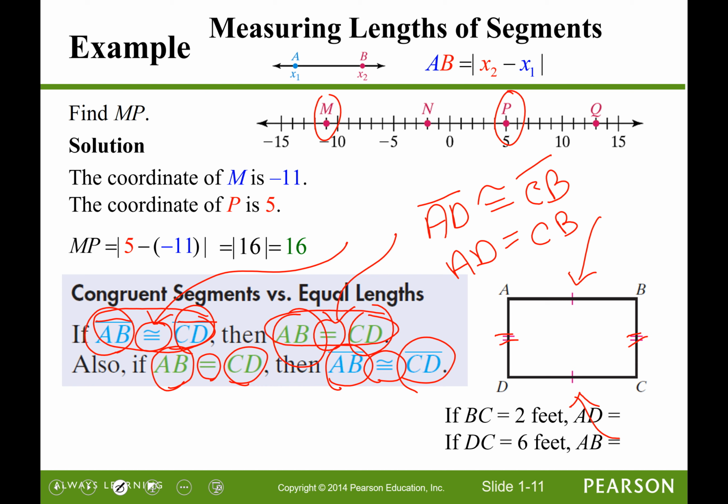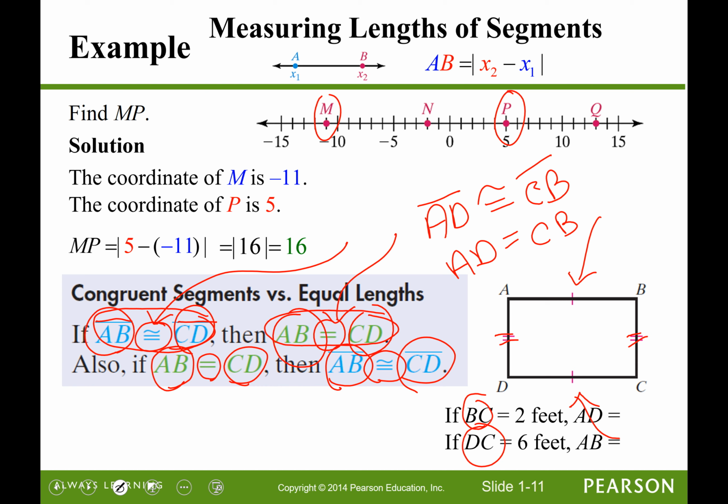All right, so here's our question. If BC equals 2 feet, and remember with no bar over top, they're saying that that is the measure of the length of BC, then what would AD equal? And our second question is, if DC equals 6 feet, then what would AB equal?